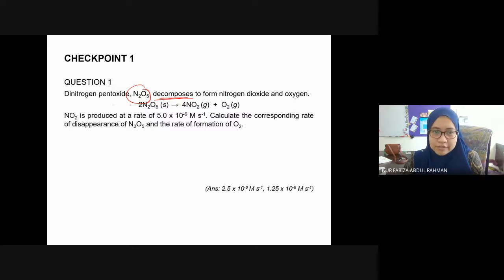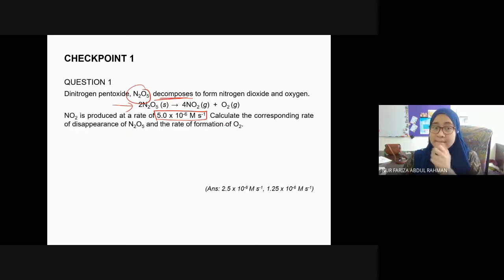So this is the equation given. See the information given, okay? Right, NO2 is produced at a rate of 5.0 times 10 to the power of negative 6 molar per second. Calculate the corresponding rate of disappearance of N2O5 and the rate of formation of O2.